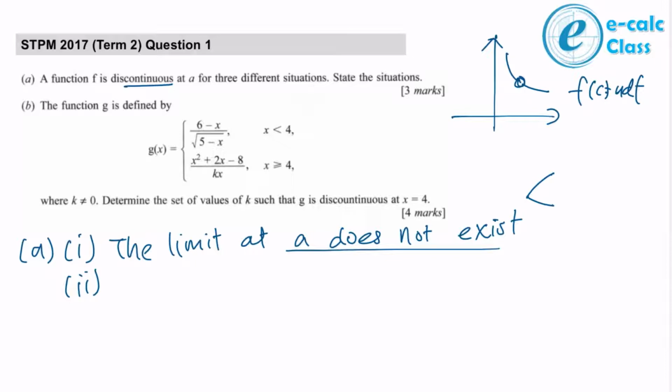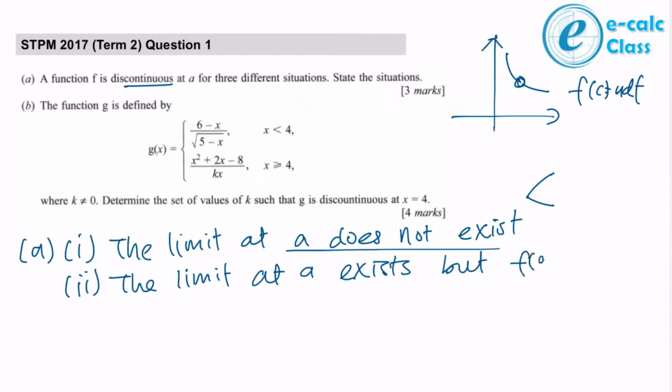So we say the limit at A exists, but f of A does not exist, or is undefined. Then the third situation is both of them exist, but they are not the same.